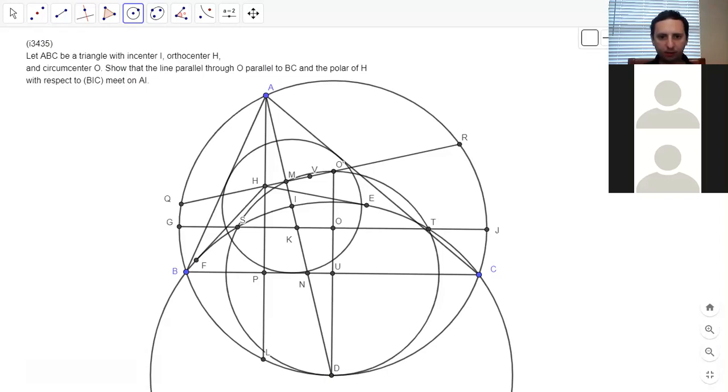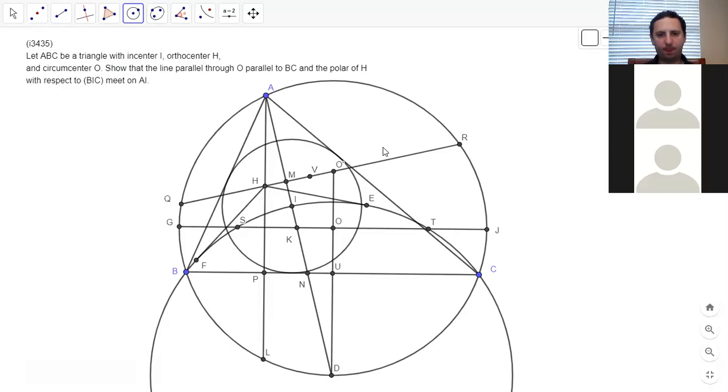Basically we have DO times DO prime is DI squared, and DI squared would be twice DU times DO. Yeah, okay, I think I see it. So yeah, U is the midpoint of DO prime.